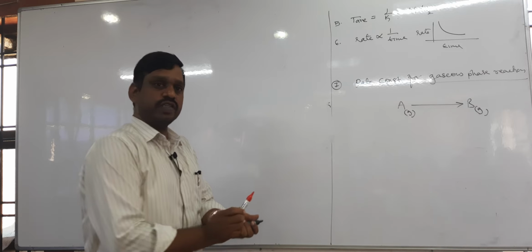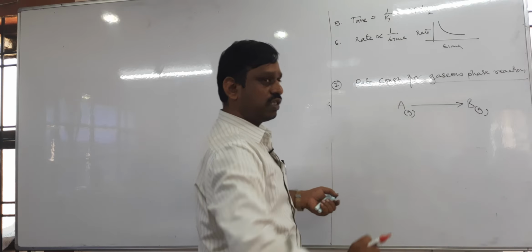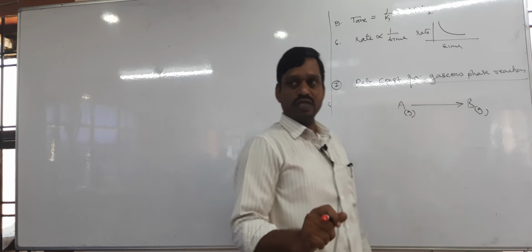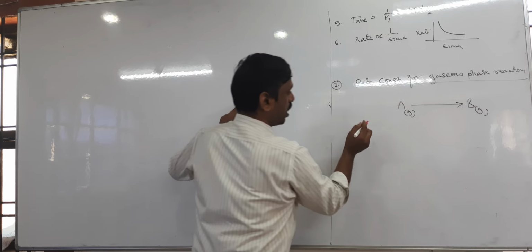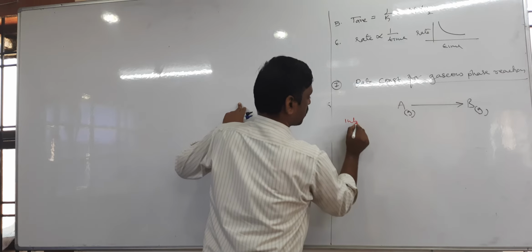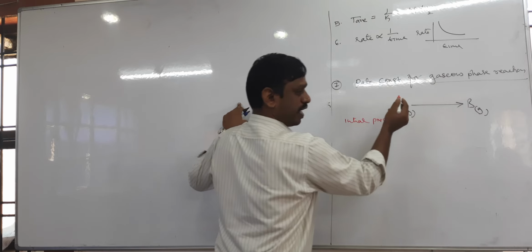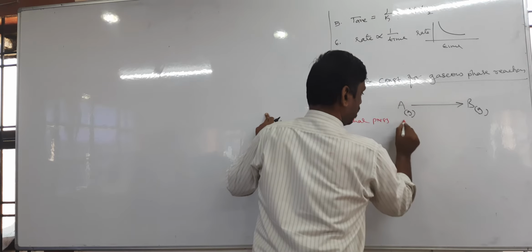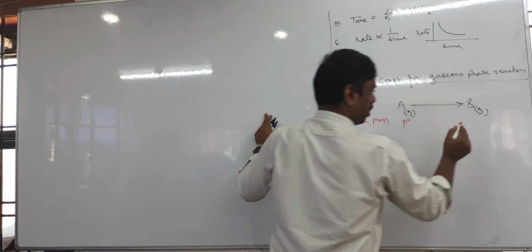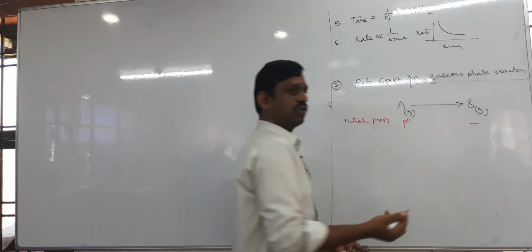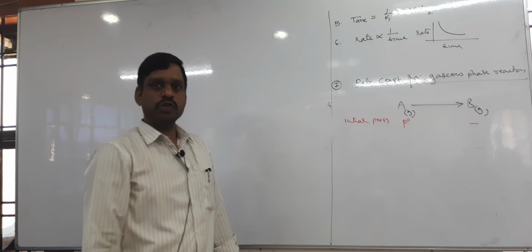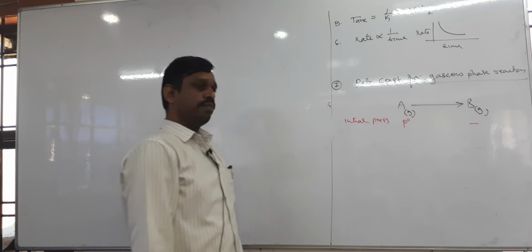For the gaseous phase reaction, we calculate the pressure instead of molar concentration, that is easier. Therefore, let us take the initial pressure of reactant A as P naught. What is the initial pressure of the product? Nil. Before starting the reaction, there is no pressure for the product.